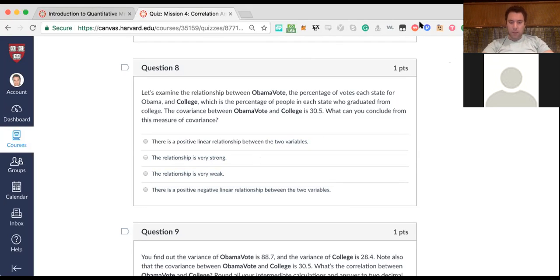Do you have any idea on which of these 4 answers you would choose and why? So we're looking at covariance. It's telling us that there's a covariance of 30.5, and it's asking what can we conclude from looking at that covariance. So the question is, what does covariance tell us between 2 variables?